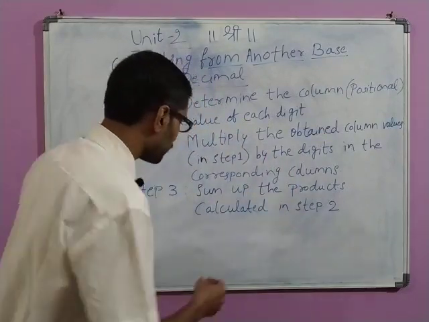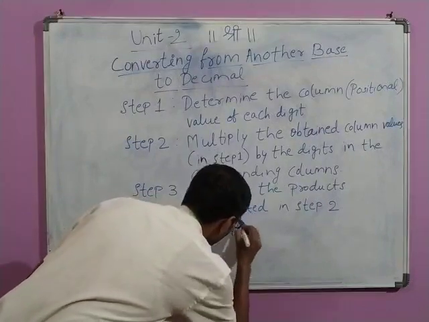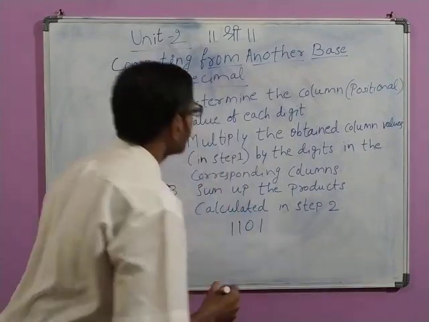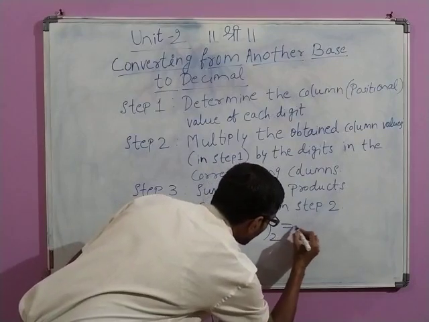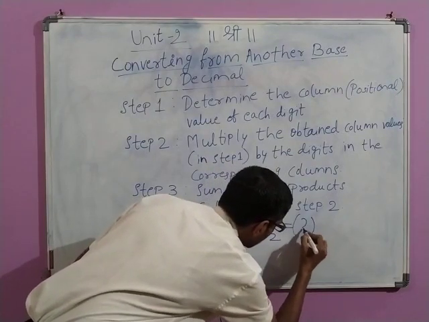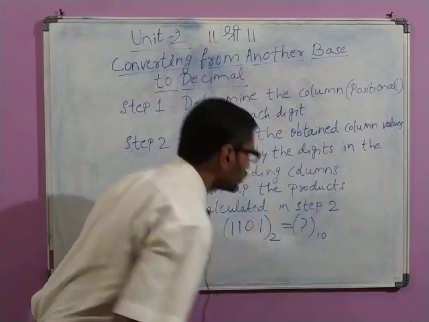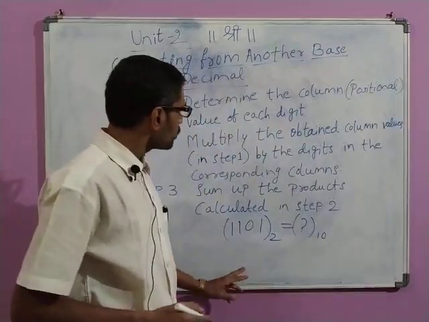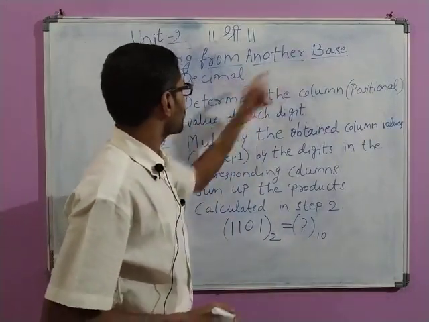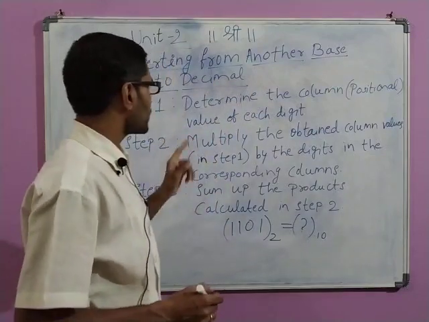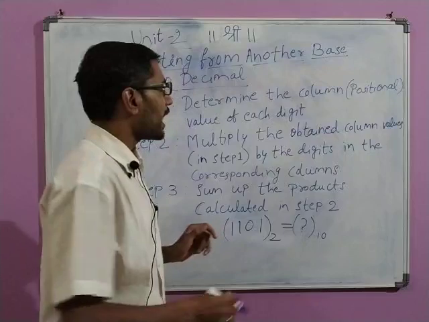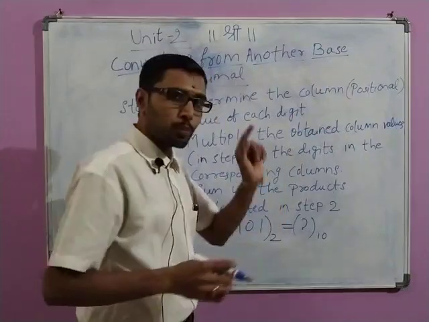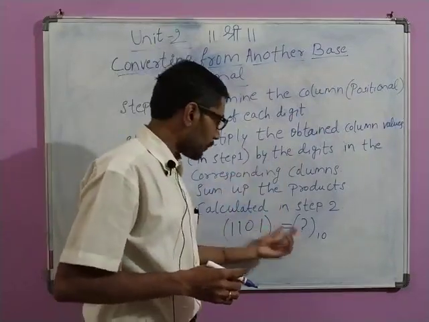For example, if I have the number 1101, which is to the base 2, and I want to convert it into decimal, what do I need to do? From another base to decimal, the first step is to determine the column or positional value of each digit, and this depends on the position as well as the base.